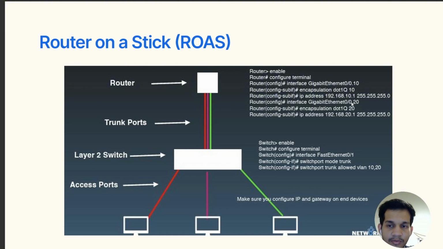Similarly, do it for VLAN 20 and allocate the IP address for that interface. Then on the switch, configure this port as a trunk port, since it should carry multiple VLAN traffic. This is router on a stick, using one interface as a stick to carry VLAN traffic within the sub-interfaces.